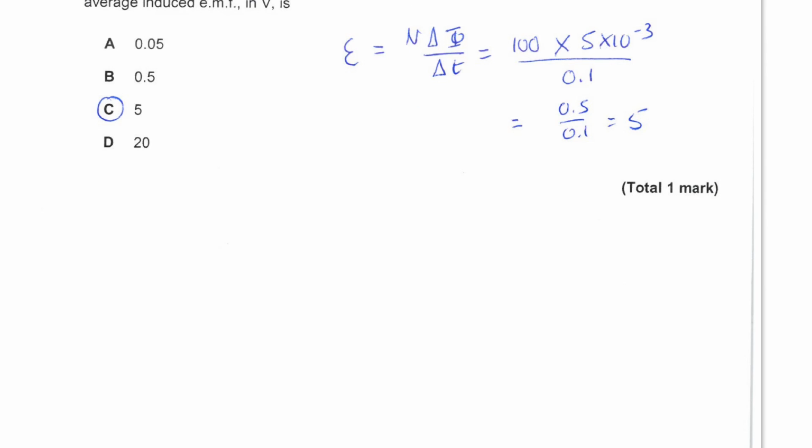Induced EMF equals rate of change of flux linkage. So we have the number of turns multiplied by the maximum flux linkage. This changes down to 0, so this is the change in flux linkage, and we divide by the time interval, and that leads to an answer of 5.